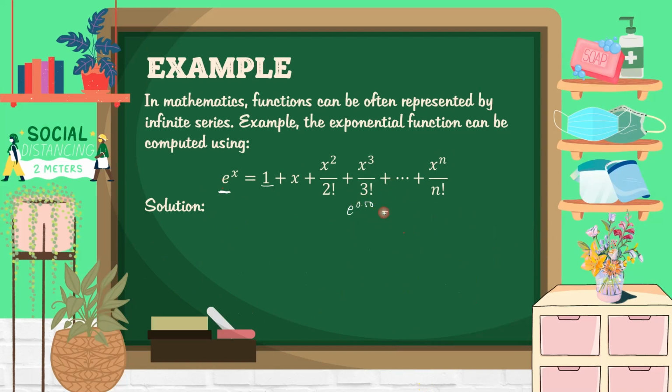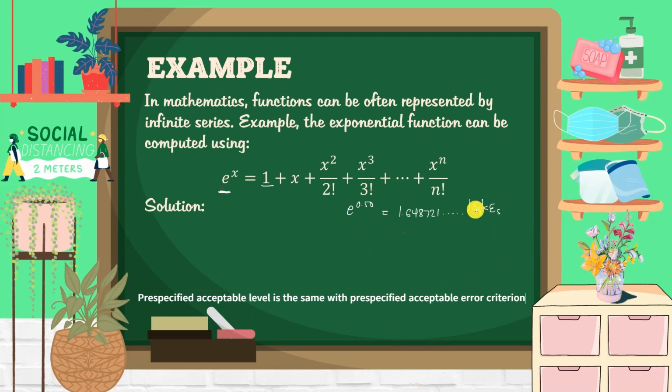We also have to take note that the true value of e raised to 0.5 is 1.648721 and so on. Add terms until the absolute value of the approximate error estimate, epsilon A, falls below a pre-specified acceptable error criterion, epsilon S, confirming 3 significant figures.